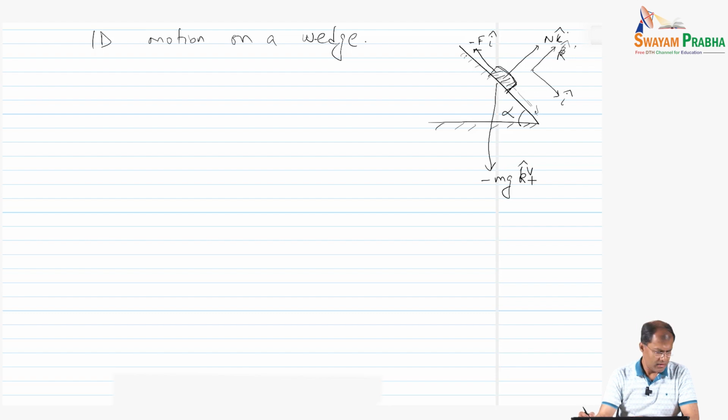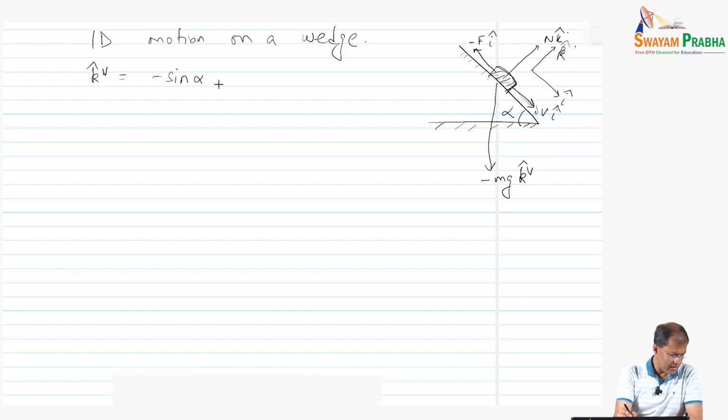And then let me call this particular direction where we have the weight as my k vertical, right? So we see that the particle, of course due to weight, is going to move along the i hat direction, and I resolve my k vertical along the i and the k direction. This is going to be minus sine alpha i plus cos alpha k, right?